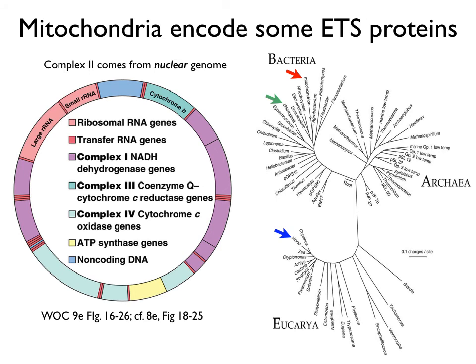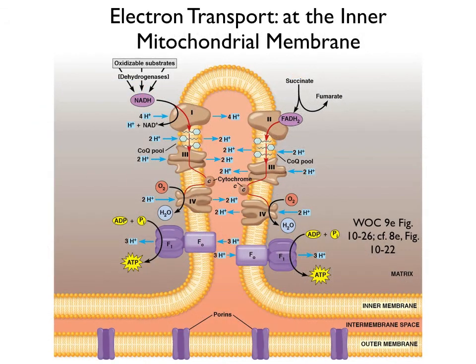Let's look at where these proteins are arranged in the mitochondrial inner membrane, because this arrangement is really impressive, and it's what allows for this complicated series of electron transfers. This is a zoomed-in view of the mitochondrial inner membrane, and you remember that it's folded, and you can see that structure here.